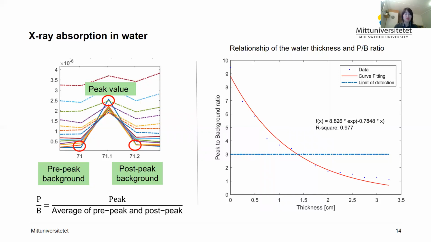With the water absorber thickness increasing, the peak-to-background ratio of the mercury peak decreases exponentially, as shown in the right figure.